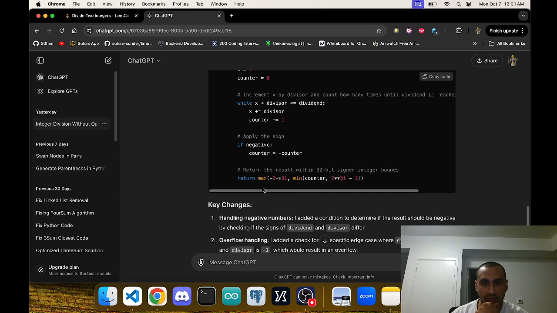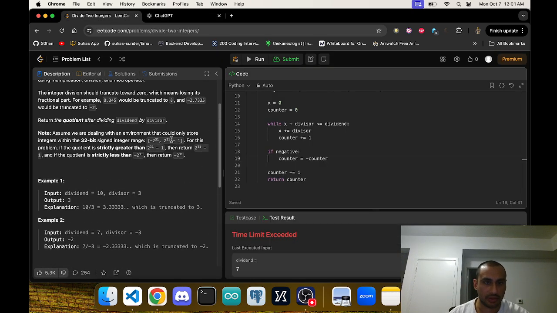So max, and yeah, you have to return it within the bounds. Those bounds are given to you here, greater than or equal to, and if the quotient is less than, return 2^31.